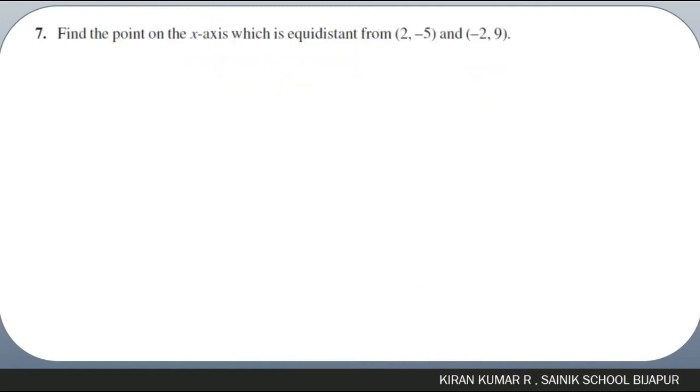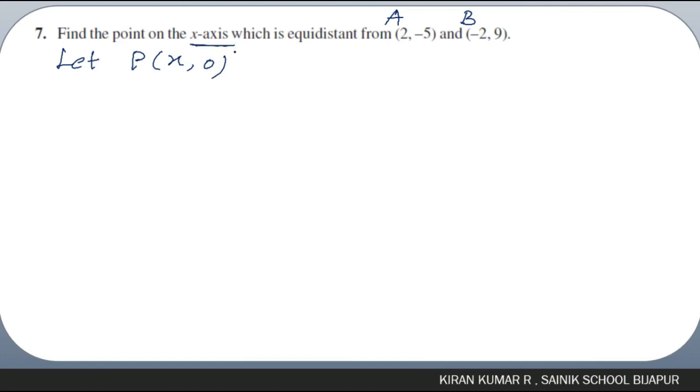Question 7. Find the point on the x-axis which is equidistant from the points. Let me name them A and B. Point A (2, −5) and point B (−2, 9). So let me consider that point P (x, 0). Why (x, 0)?